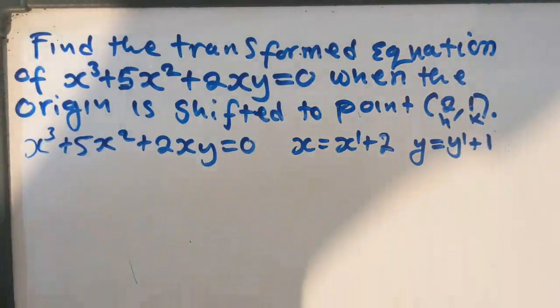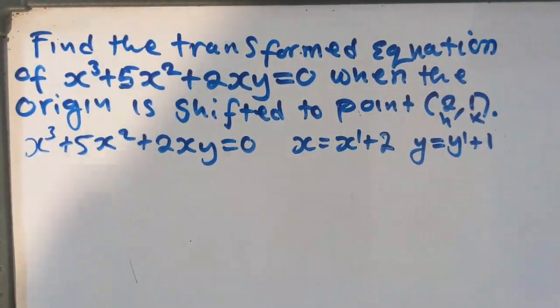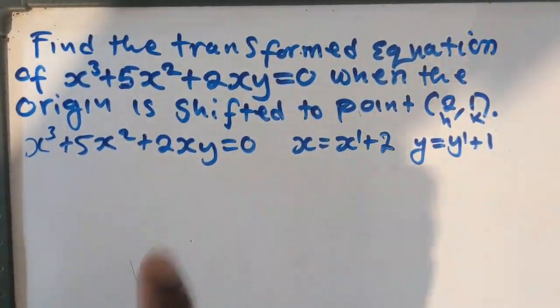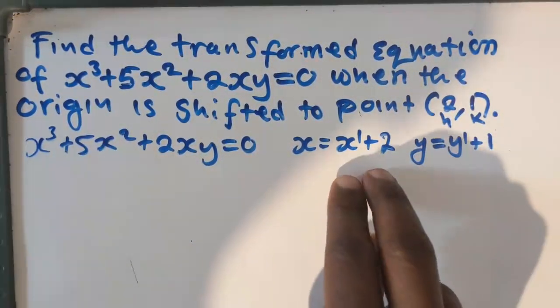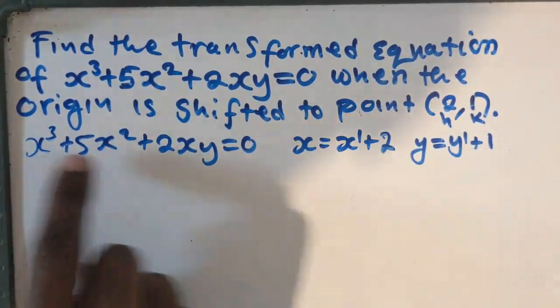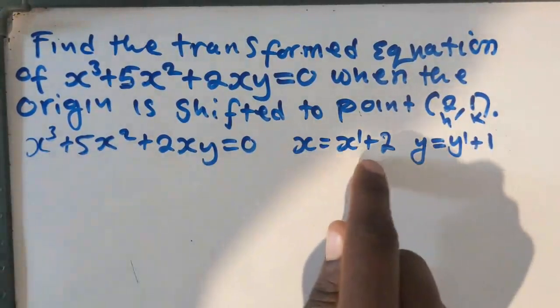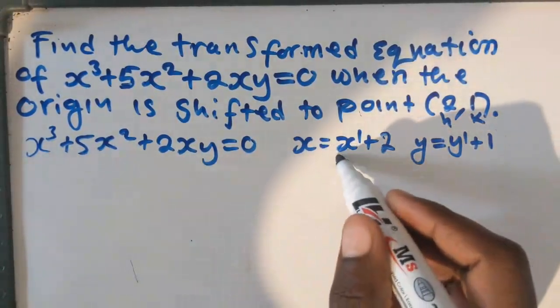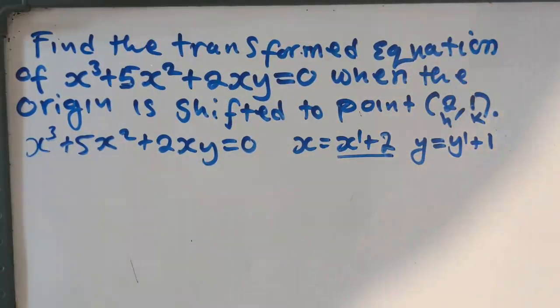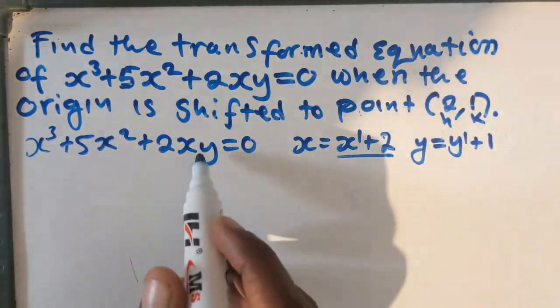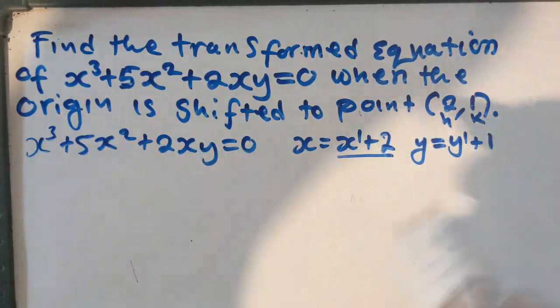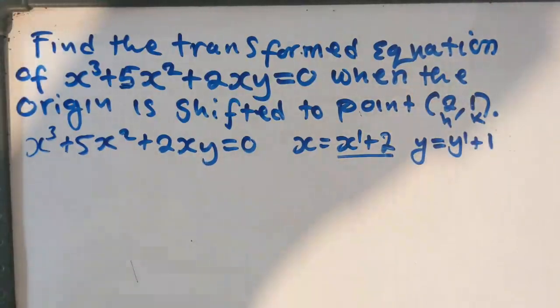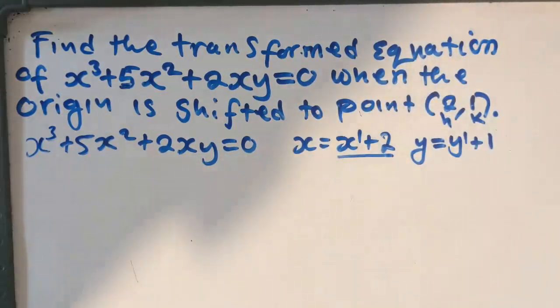As simple as that. From here, this is the equation, and you already know that x in the equation has to be replaced with x prime plus 2, and y in the equation has to be replaced by y prime plus 1.